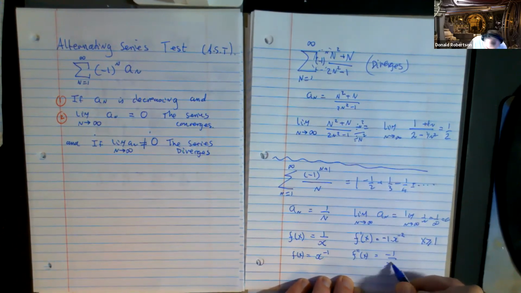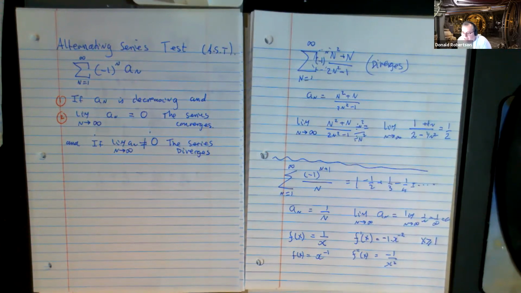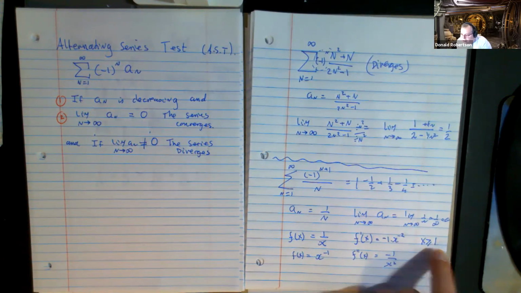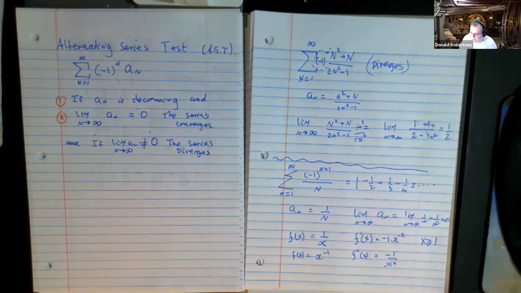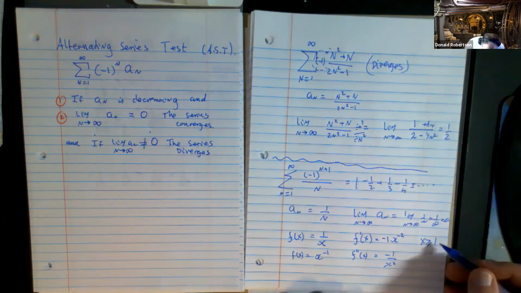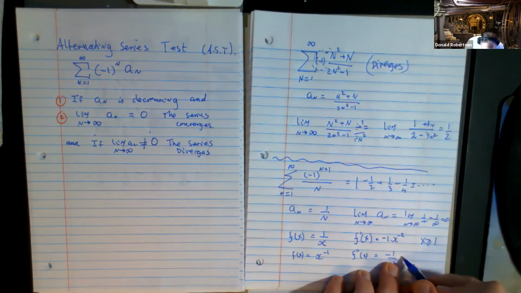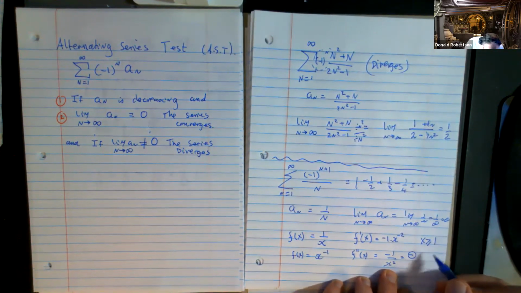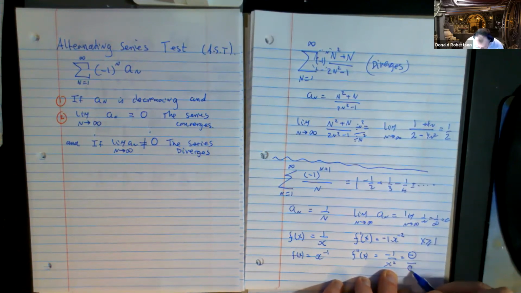And now I'm going to try and prove to you why that is negative, at least for values of x greater than or equal to 1. We are allowed a little wiggle room here. Do you know sometimes it has to be greater than or equal to 10? The first few numbers might jump up and down a little bit before it settles. But we'll start with 1. Would you agree -1 is always negative? Would you agree that x squared, as long as x is greater than or equal to 1, is definitely positive?